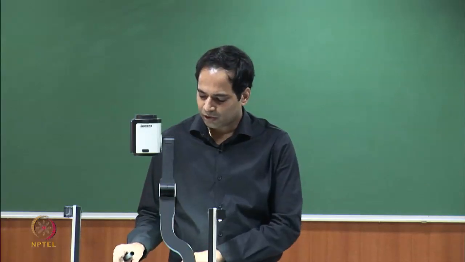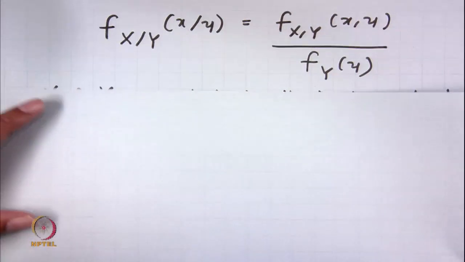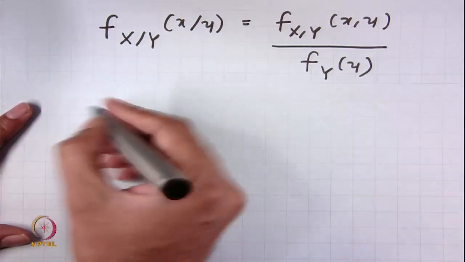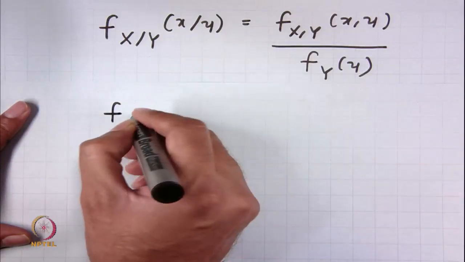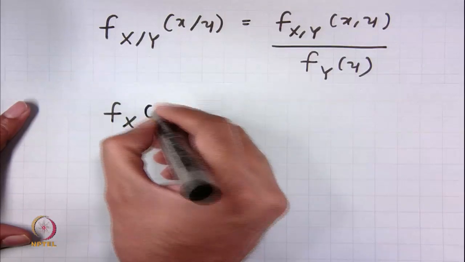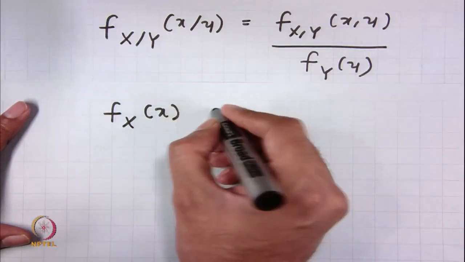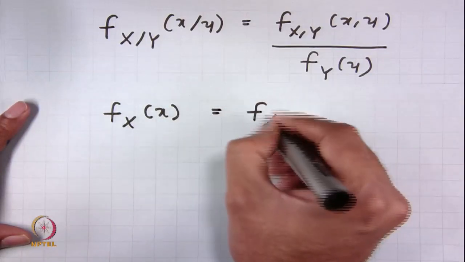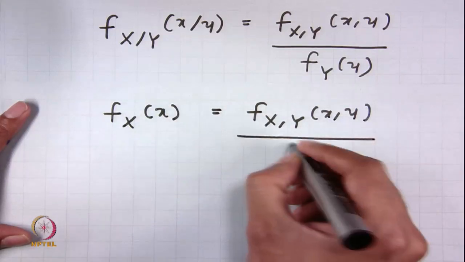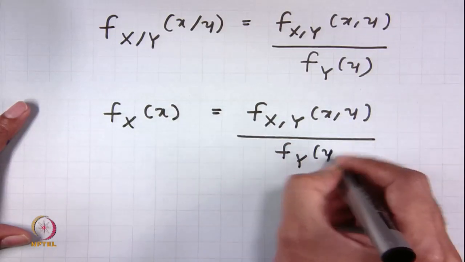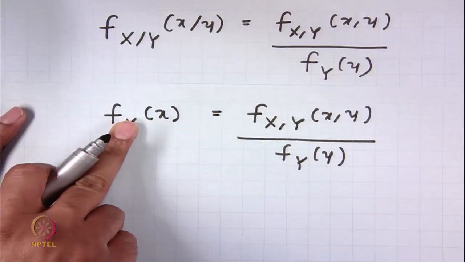So, let me try to substitute this quantity in this expression. If I am given that two random variables are statistically independent, then this quantity boils down to just the PDF of x, okay, under the assumption that my two random variables are statistically independent.